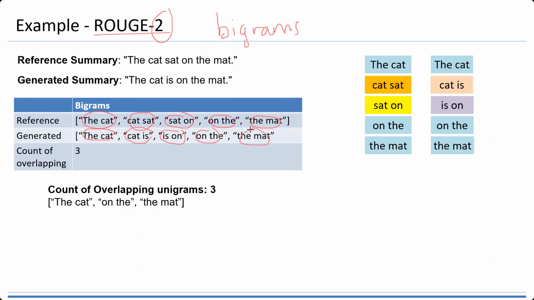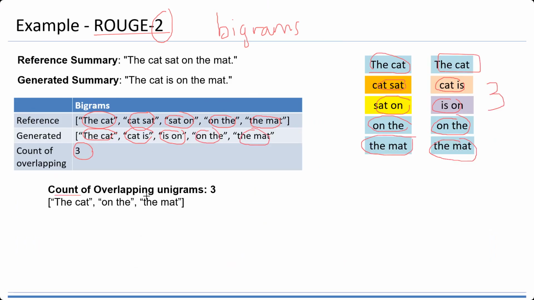And we will check how many of them overlap. So there are 3. You can see "the cat" is the same for bigram. "Cat sat" and "cat is", okay, this is different. "Sat on" and "is on" are different. "On the" is the same. "The mat" is the same. So there are 3 overlapping.